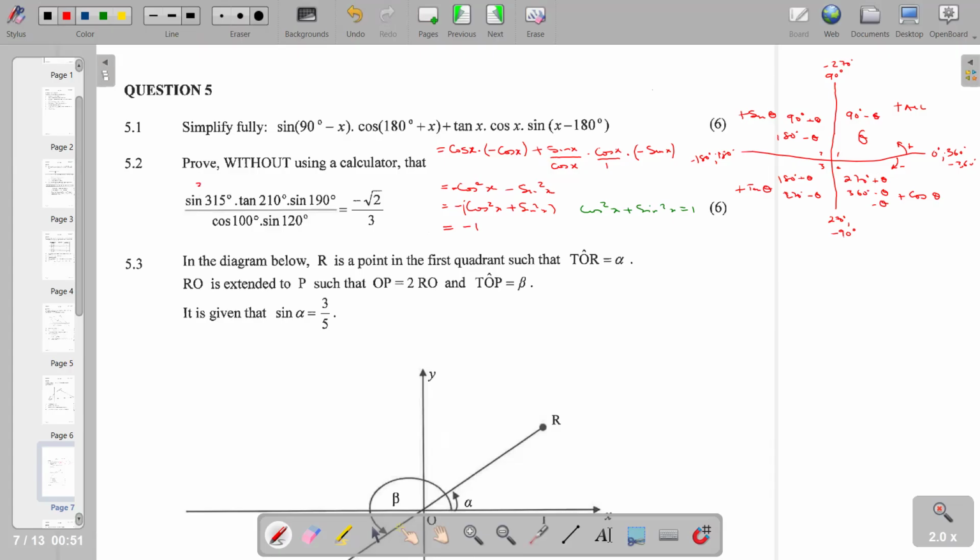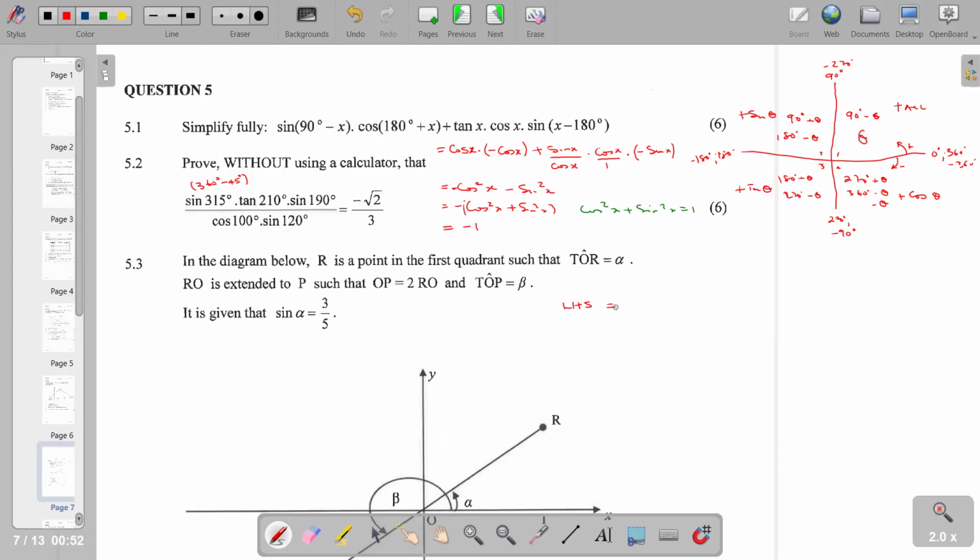So it's gonna be 360 degrees minus 45 degrees. And we know sine in the fourth quadrant is negative. So taking this one as our left-hand side, you copy as it is.